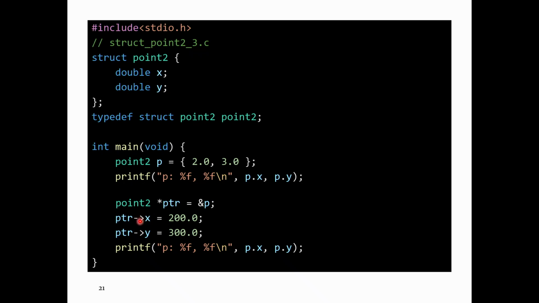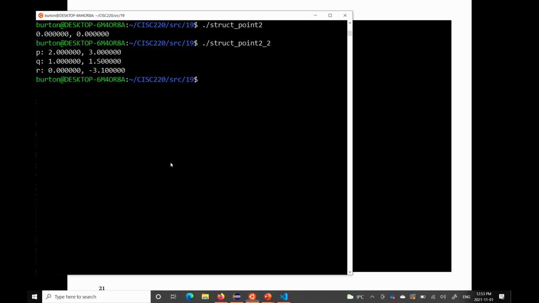So pointer minus greater than x says set the x value of the object pointed to by this to 200. And then set the y value to whatever this points to, which is up here, to 300. Now if you print out p again, you'll get 200, 300. So p was 2, 3. Then I take a pointer to it, change the value of its members using the pointer, and then you can see that if you use p again, the values of x and y have changed.